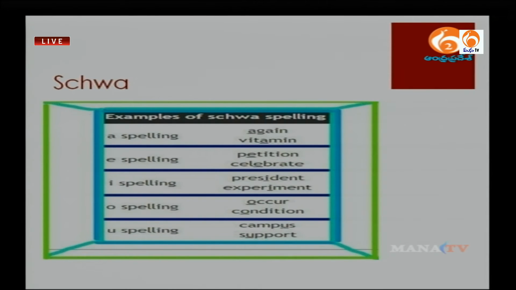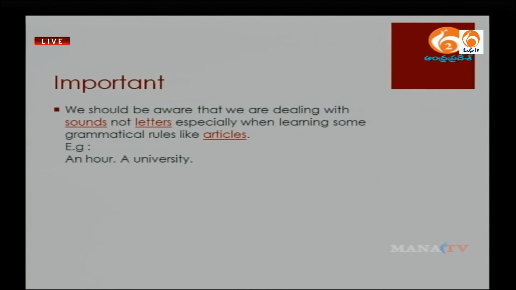I do not say campus because it has a U in it, but it takes the schwa sound, and hence it is reduced to campus. And then we do not use U as part of the pronunciation, and hence the word is pronounced as support with a very subtle sound, and we do not say it as support because of the U.